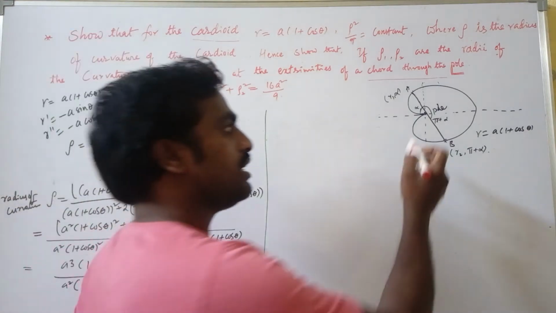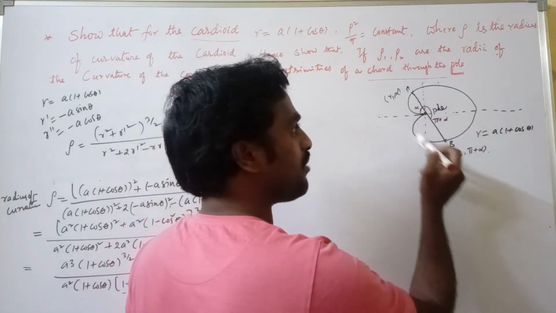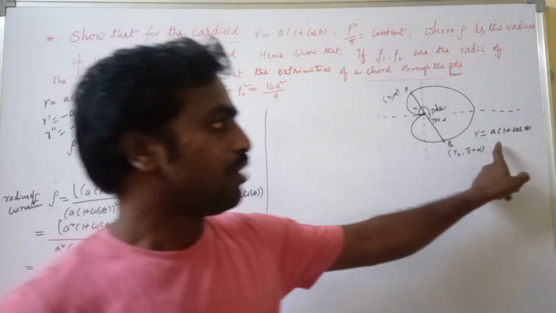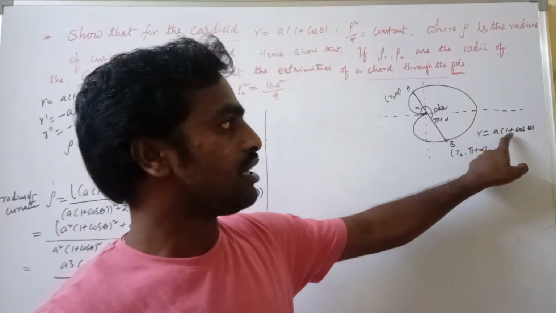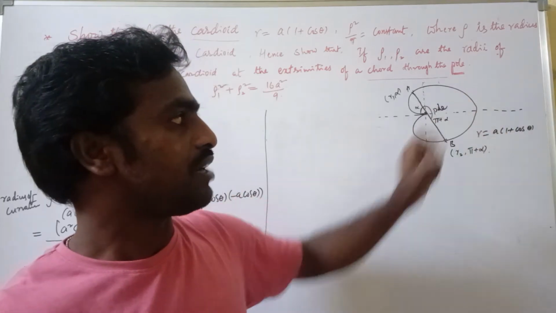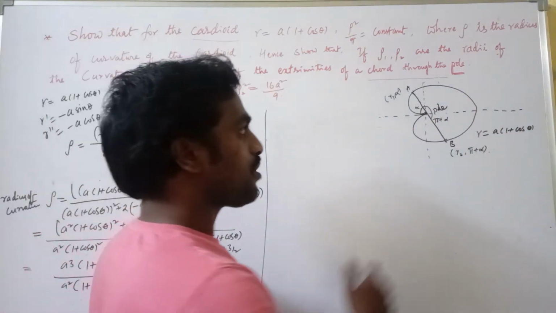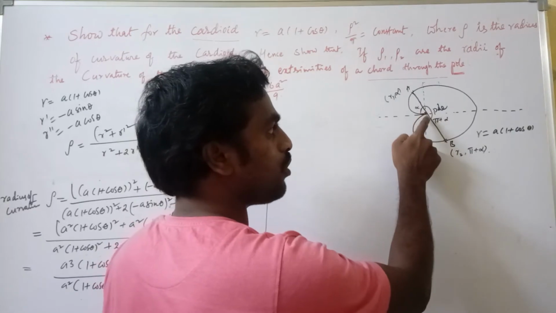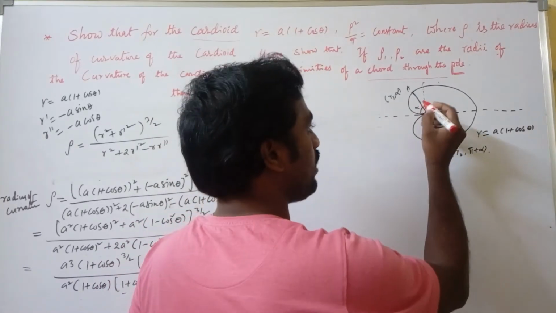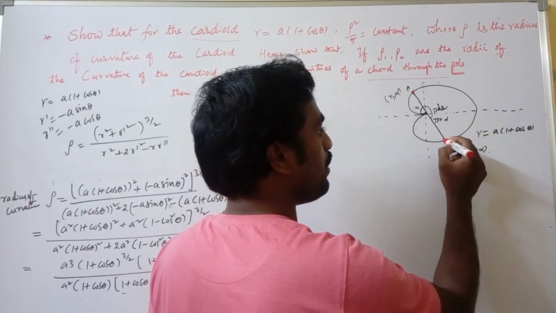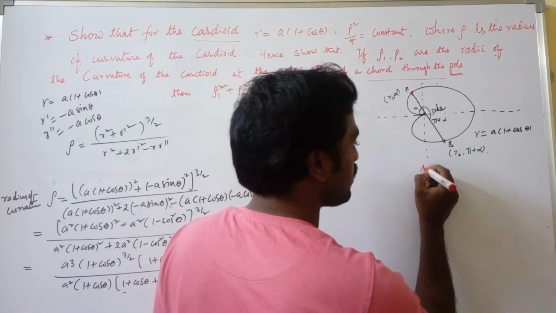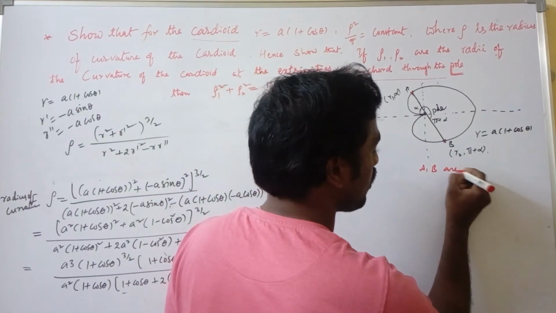So see here is the geometrical figure of the cardioid, r = a(1 + cos θ). If you draw that, this is the geometric figure. The chord is through the pole. Points A and B are the extremities.